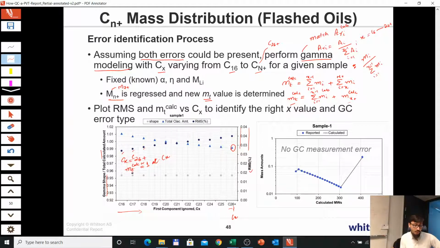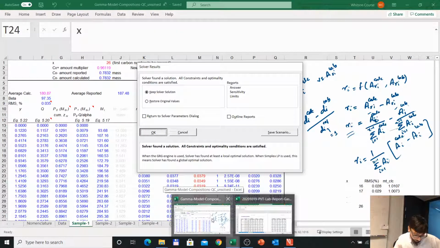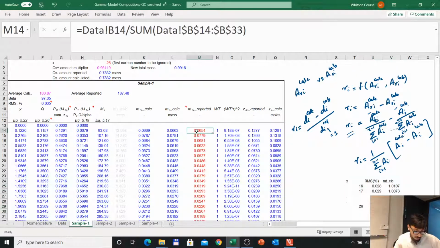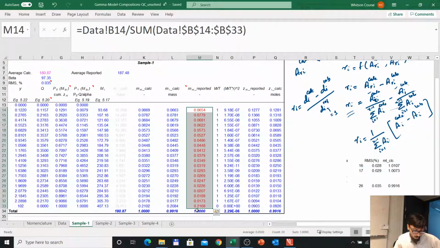So then you go to the total calculated mass from the gamma model, and if it's close to 1, it means that there is no problem in the gas chromatography data. If we look at this Excel spreadsheet here, these are the normalized lab reported mass amounts, and the sum of these masses is equal to 1.